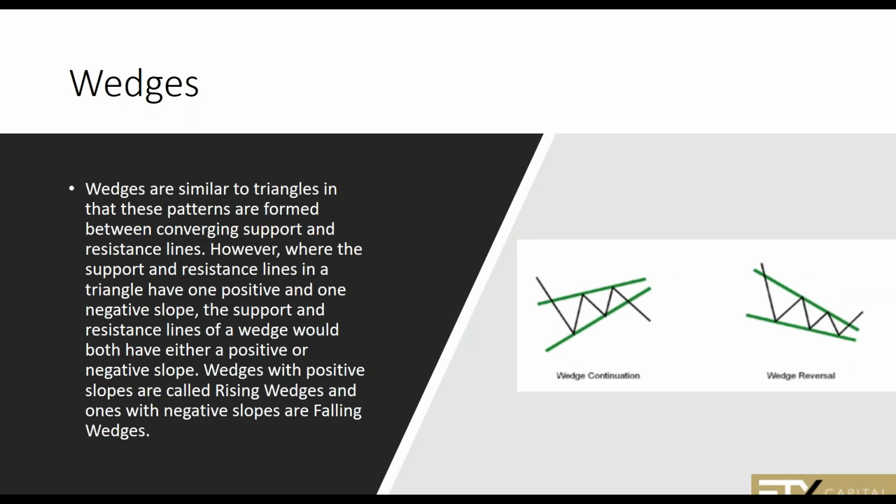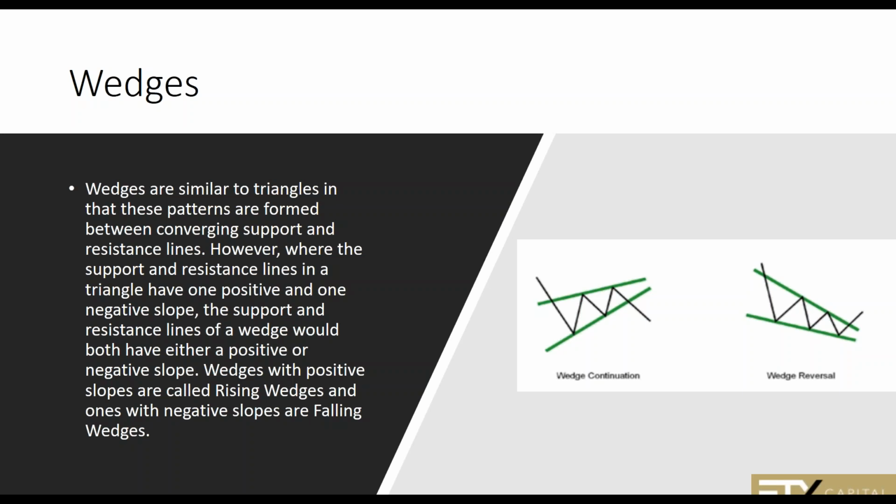Then we have wedges. Wedges, again, are like rectangles, channels, triangles, I'm sorry. They are simply when the support line and the resistance line are forming almost into a triangle, and they're wedging the price into the center, but you don't have a horizontal or parallel support or resistance line.